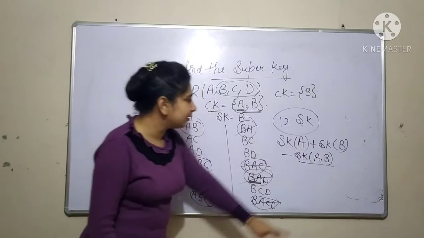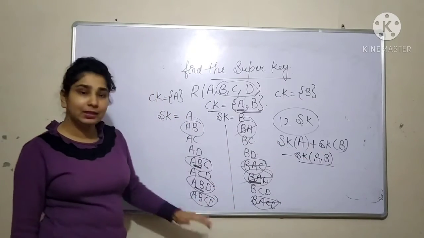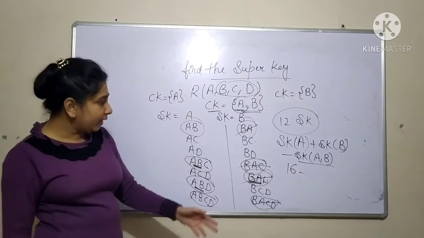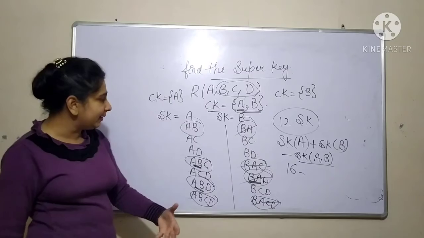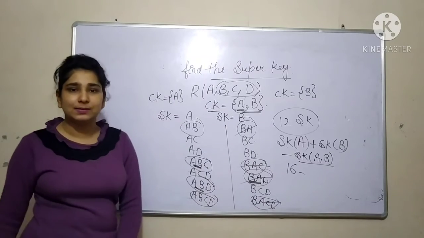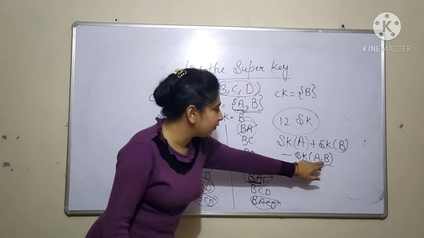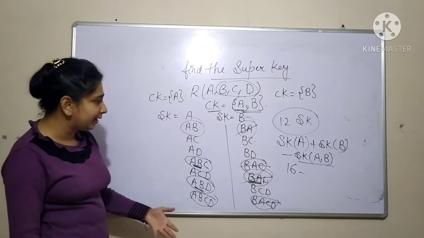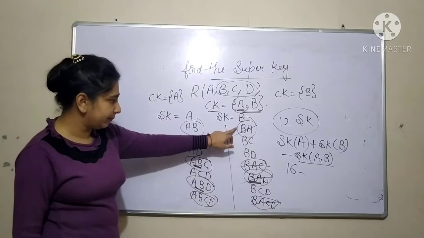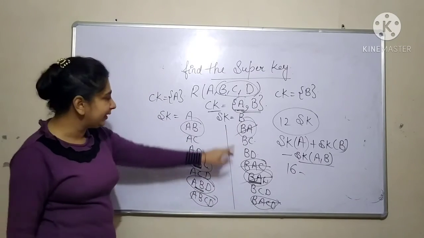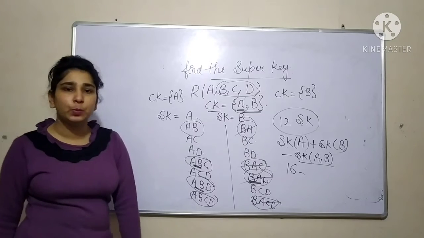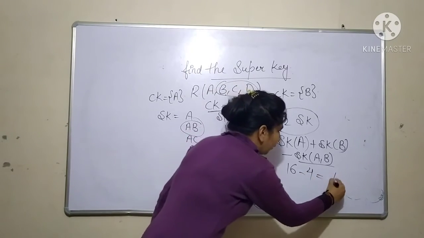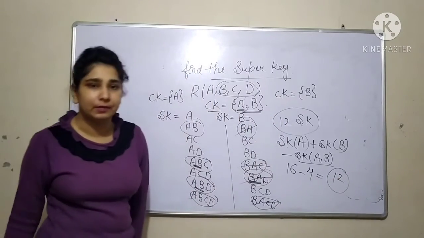When you find the super keys, how many total are possible? 16. Then we subtract the duplicated super keys once. What are the super keys of A and B together? With the help of A and B, we can make 4. So 16 minus 4 is equivalent to 12.